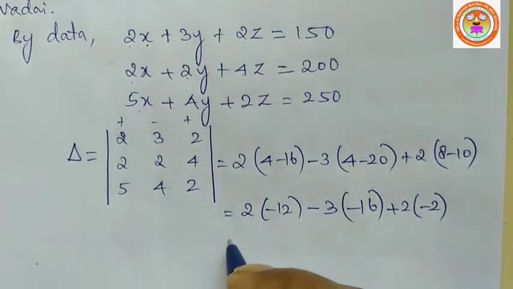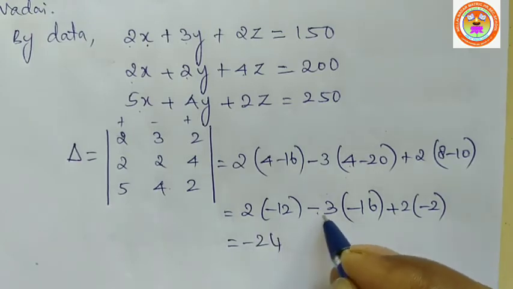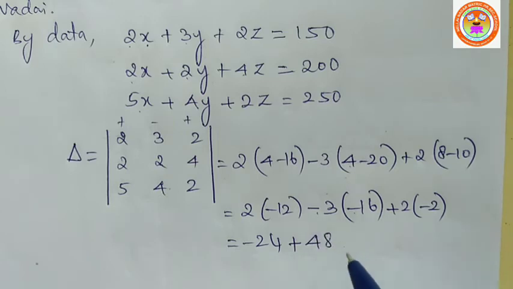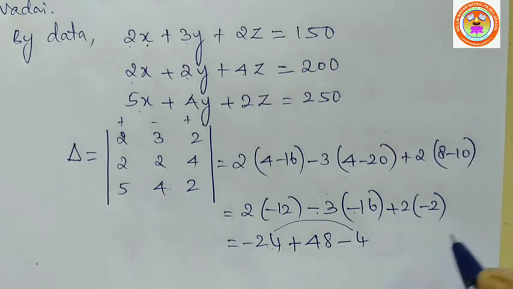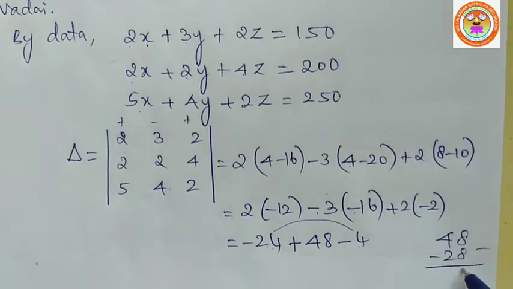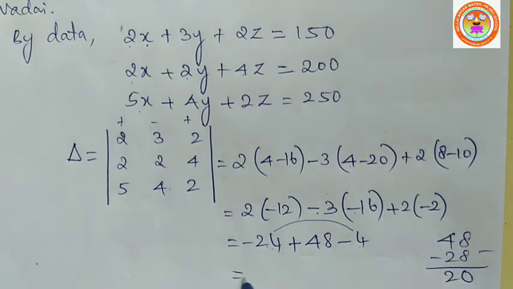So minus 24, minus times minus, plus 3 times 16 is 48, 2 times 2 is 4. 24 plus 4, both are having the same sign, so minus 28. 48 minus 28, that is 20. That is, delta is 20.